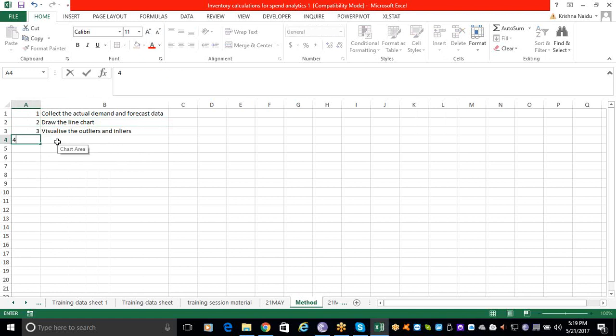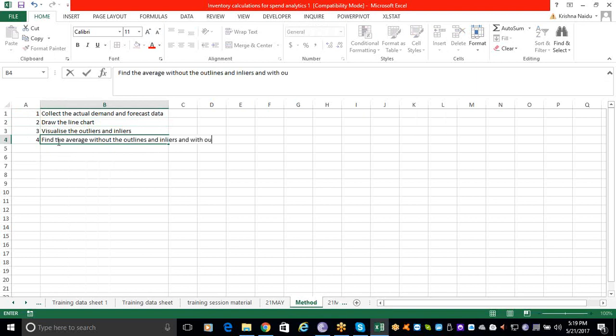Fourth, find the occurrences. Fourth, find the average without the outliers and inliers, and with outliers and inliers.